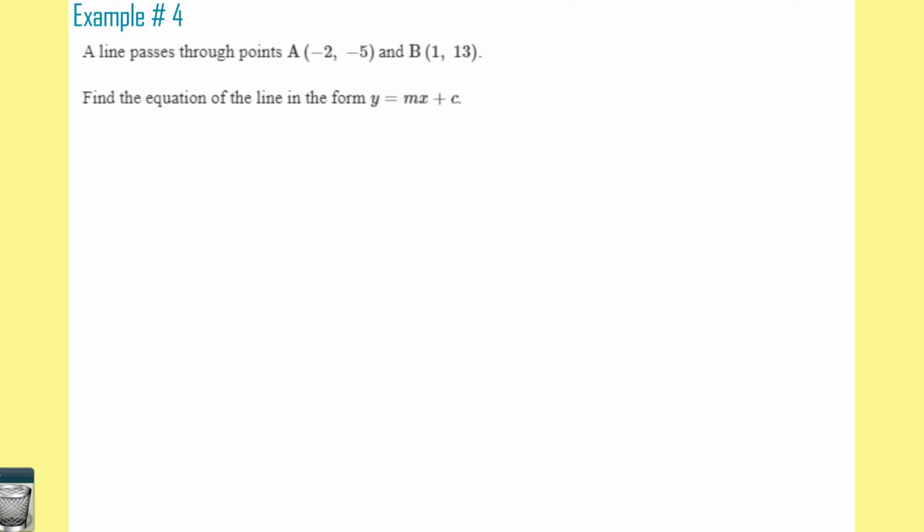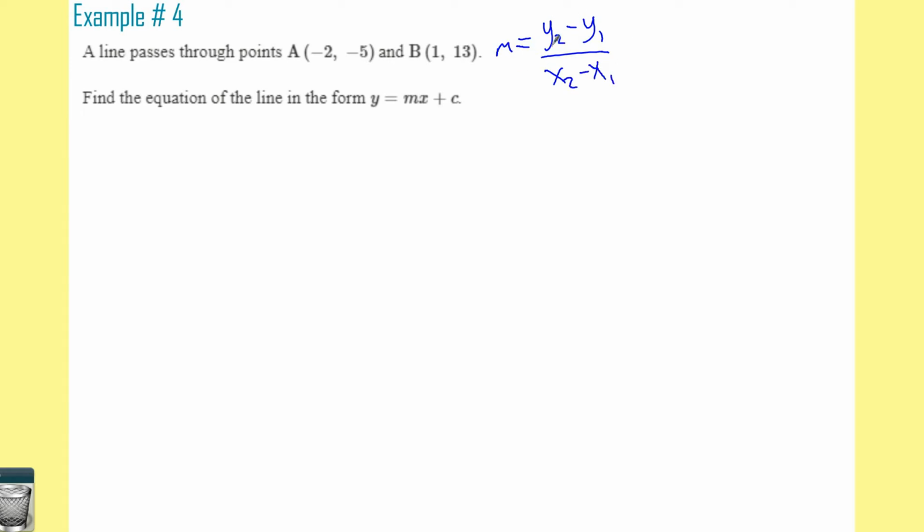All right, so example 4. A line is passing through those 2 points. We're going to write the equation of the line in slope-intercept form. Well, I've got 2 points, so I need to find the slope. To find the slope, we can do y2 minus y1 over x2 minus x1.